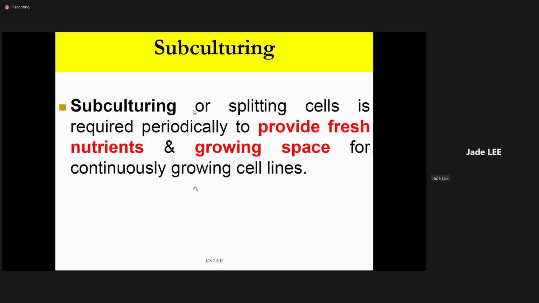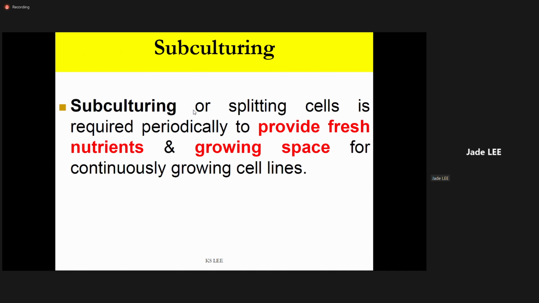So basically, what is subculturing? Subculturing refers to passaging or splitting cells, required periodically to provide fresh nutrients and growing space for continuously growing cell lines. When you culture the cells, they keep dividing and use up the nutrients.